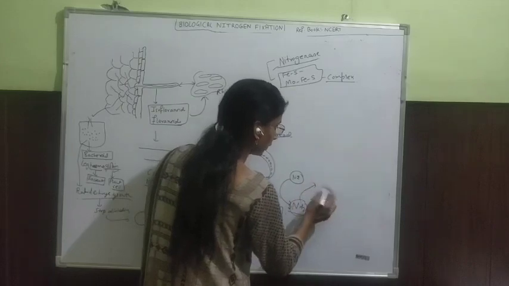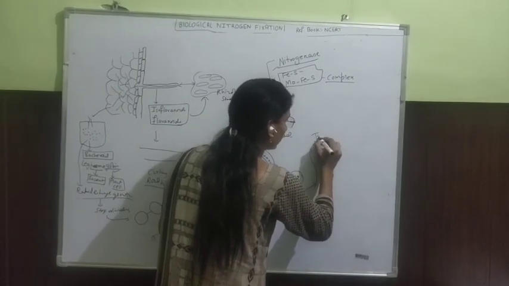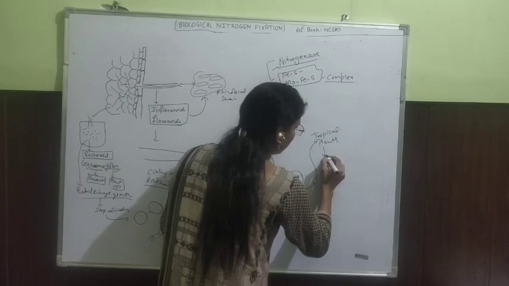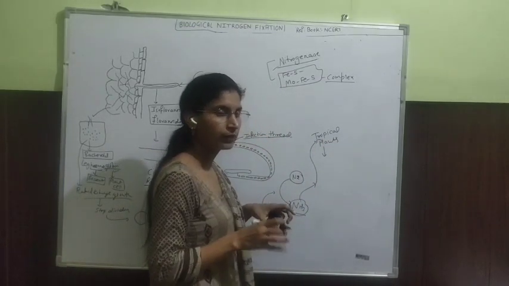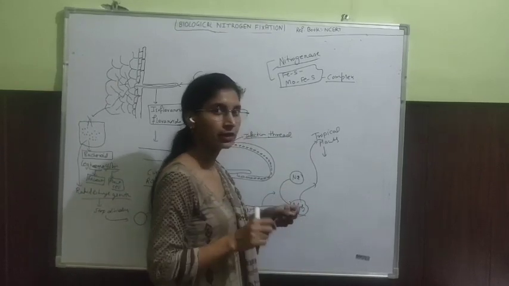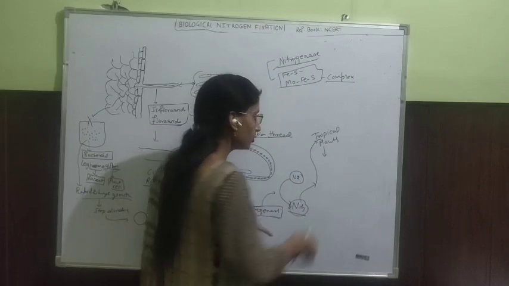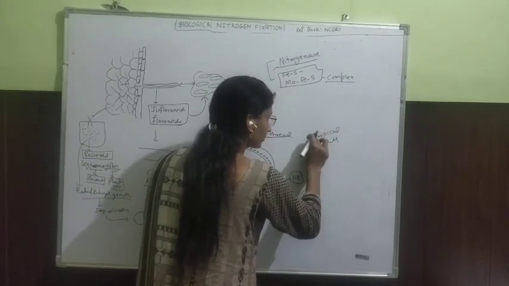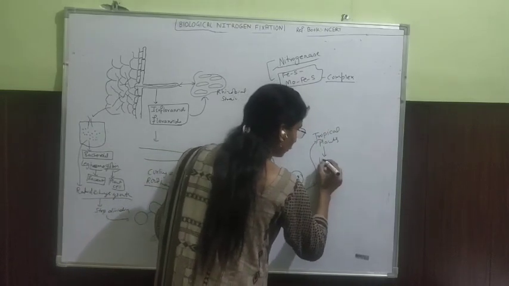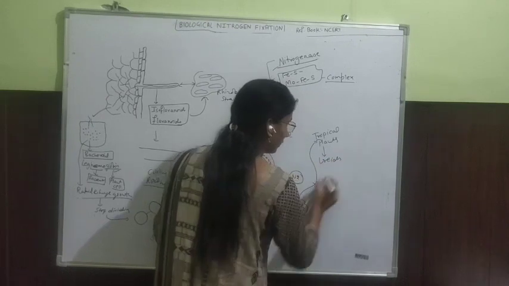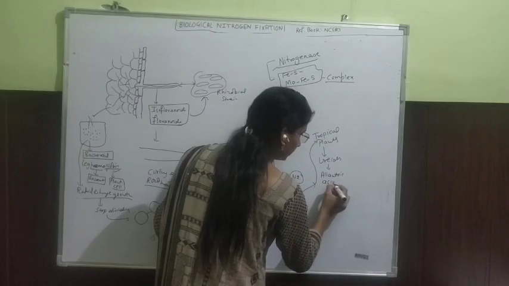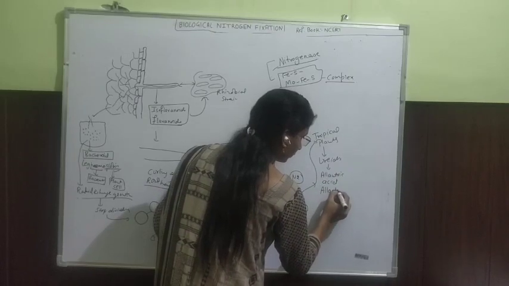The fate of this ammonia in the tropical plant: because ammonia is highly toxic, when nitrogen is present in excess amount, in the tropical plant this ammonia will be converted into ureides, that is allantoic acid or allantoin.